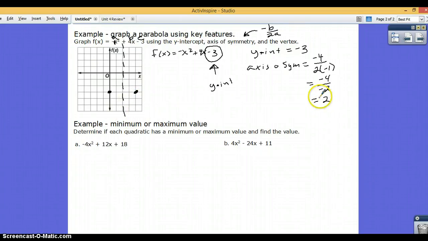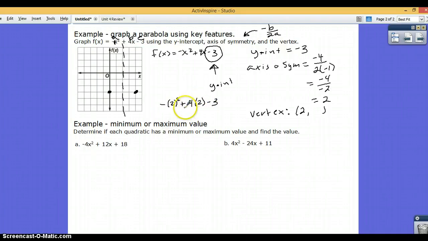Now I need that vertex. Remember, this is the x-coordinate of the vertex. So I know my vertex is 2, something. I need to find that something. So I'm going to take 2 and substitute it in for x. So we have negative 2 squared plus 4 times 2 minus 3.